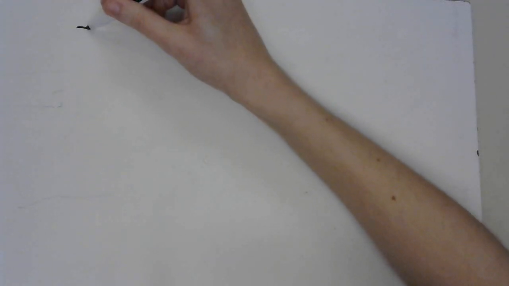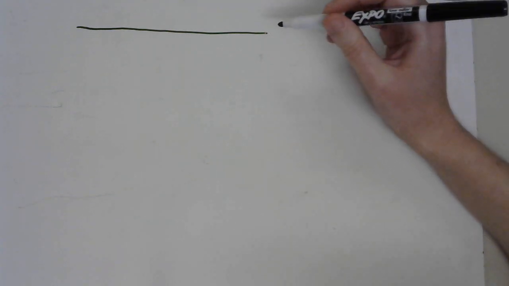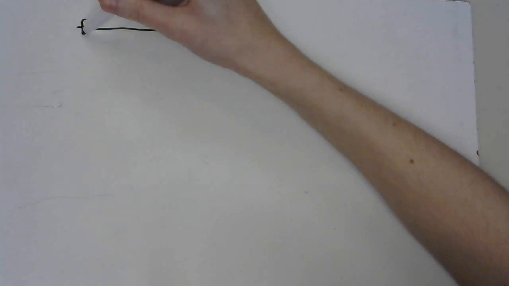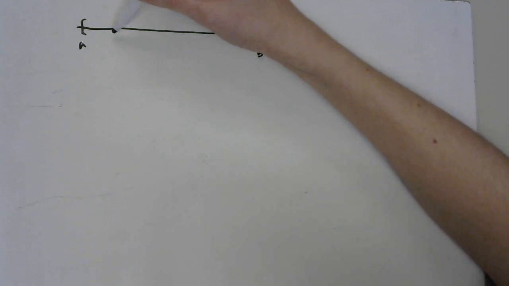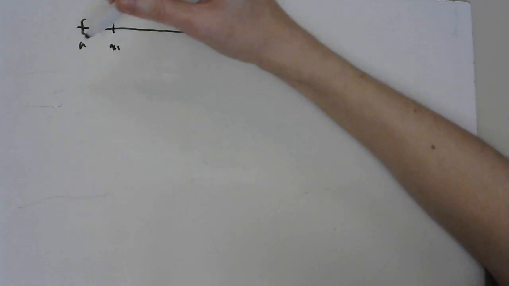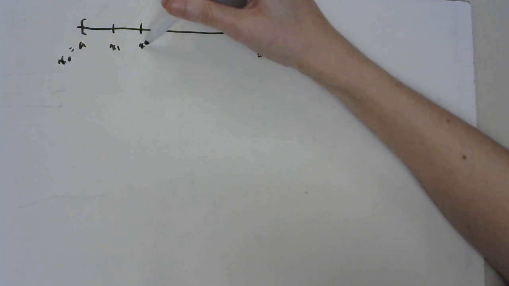So, if we head on over here, I'm interested in figuring out trapezoid sums. I'm going to draw myself an interval, a to b, and as usual we've subdivided. This was my x sub 0, x sub 1.